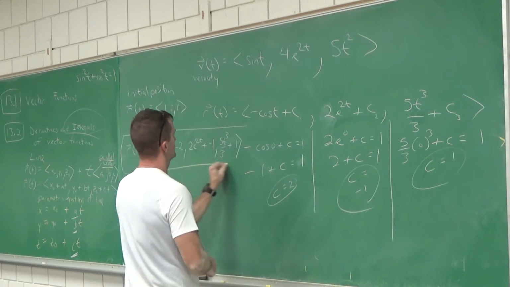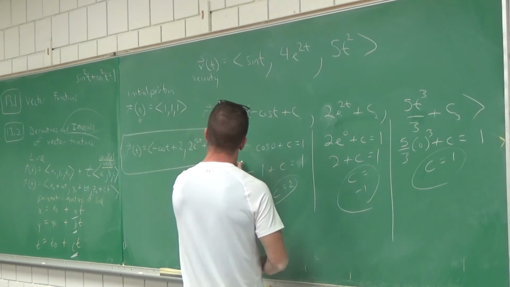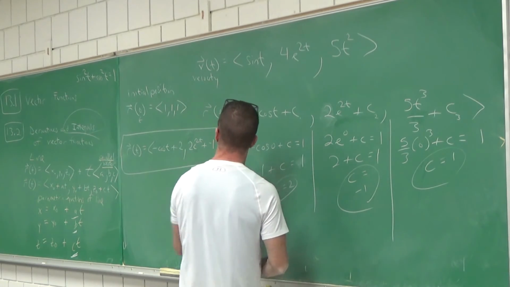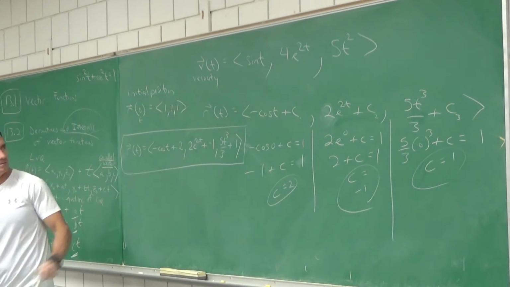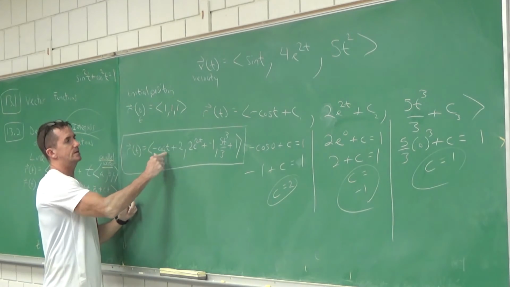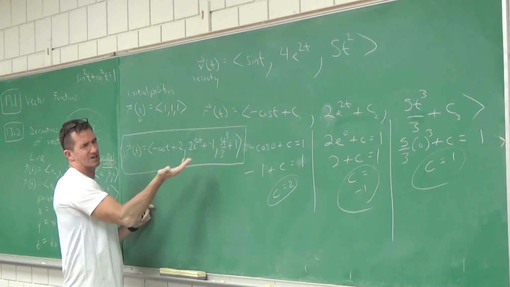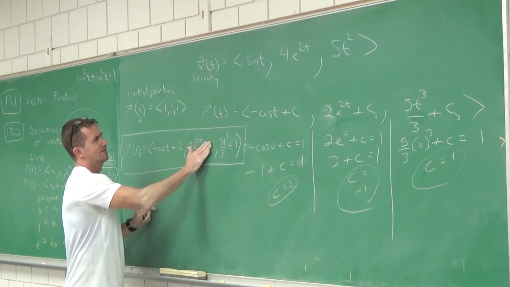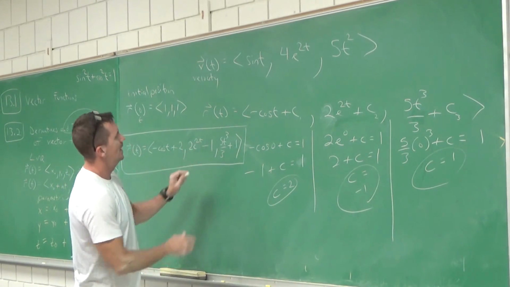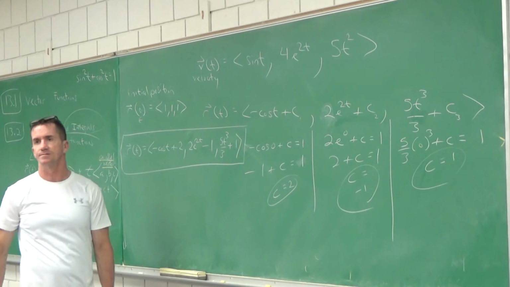There's my answer, there's the vector curve. R of t is negative cosine t plus 2, 2e to the 2t plus negative 1, which I could change to just minus 1, and then 5t cubed over 3 plus 1.